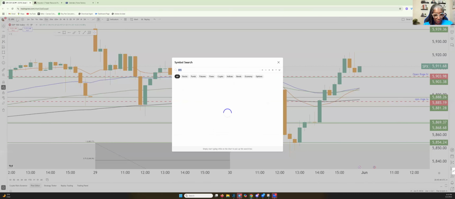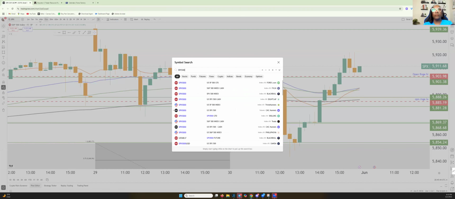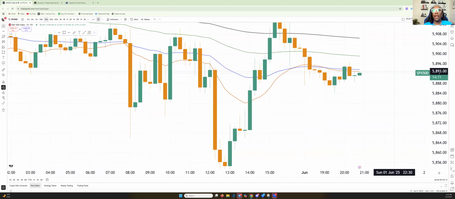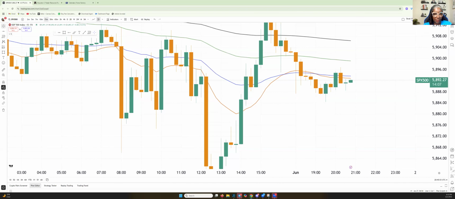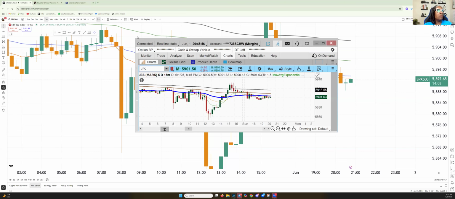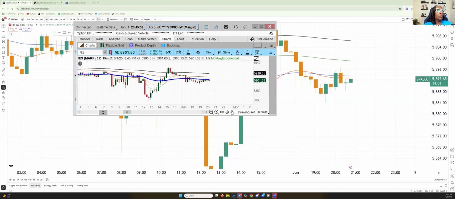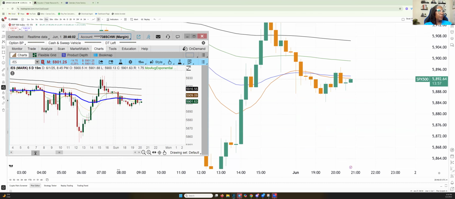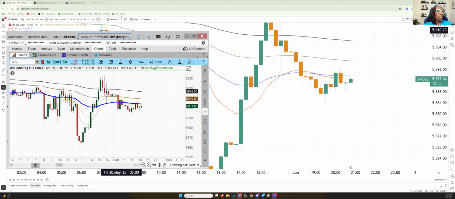SPX 500 is at 58.92, so it's like an 8-point gap. SPX 500 is at 58.92, and ES is at 5,900. Now 5901. It's about an 8 or 9-point gap between the two.